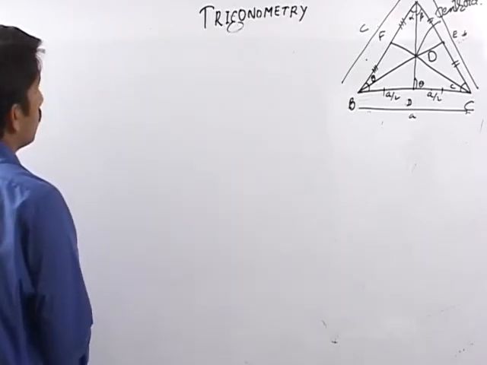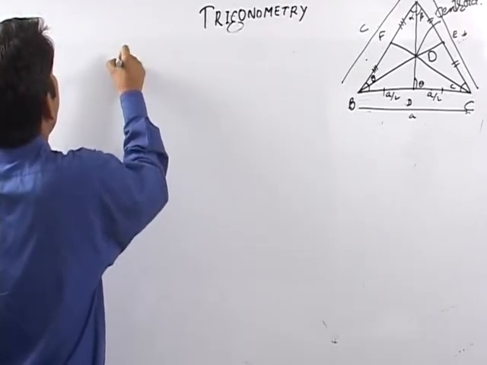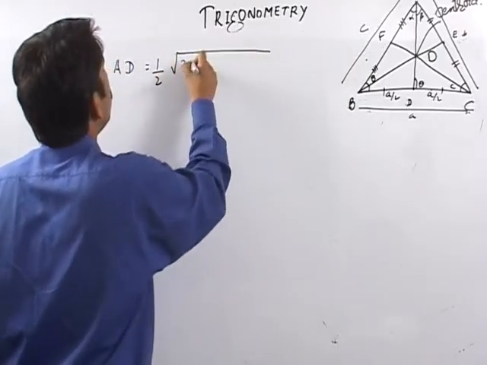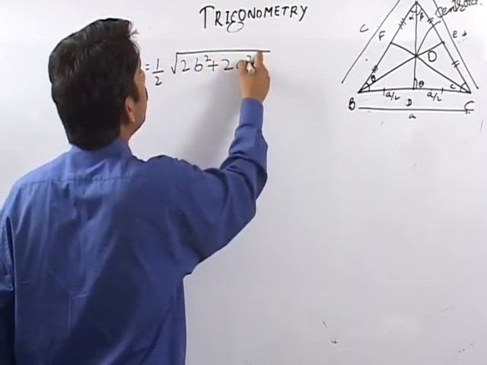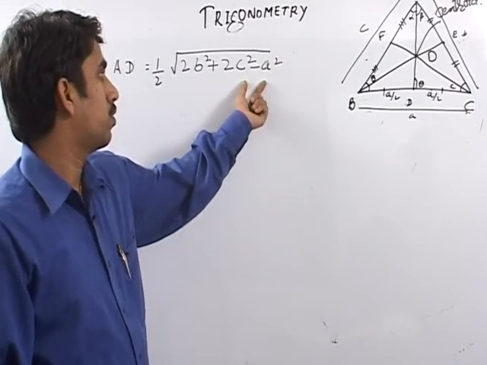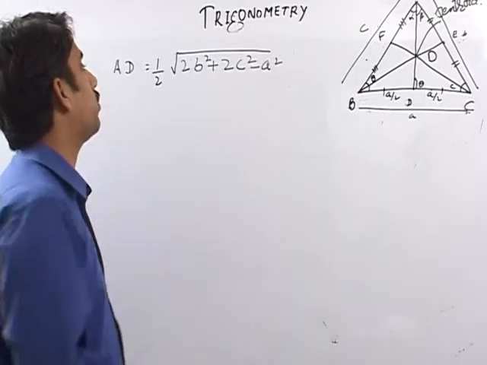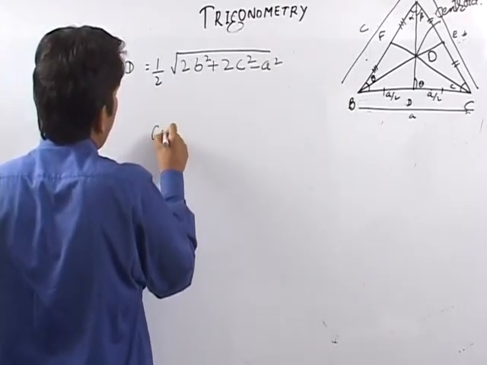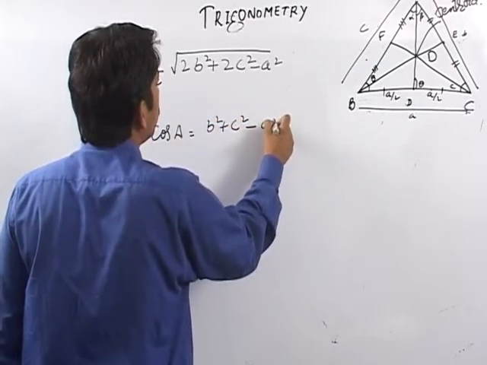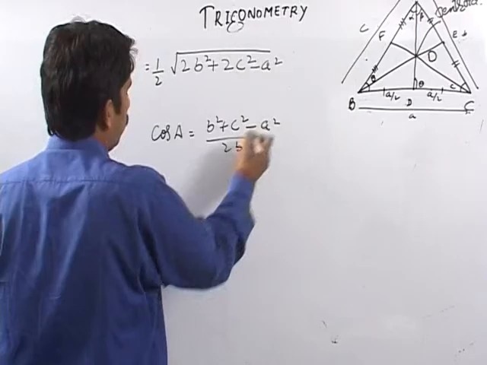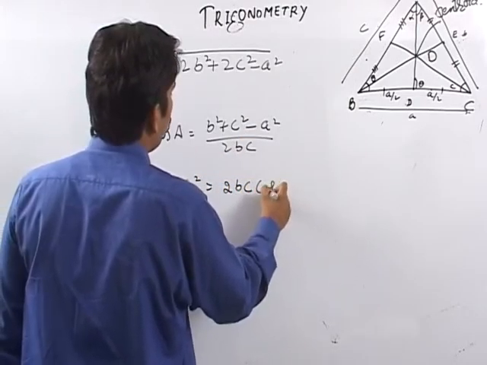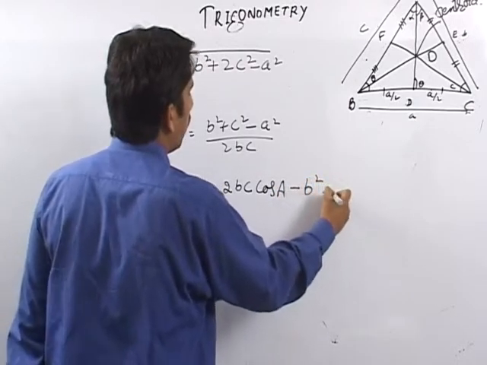Now, AD was 1 by 2 under the root 2B square plus 2C square minus A square. Now if you want to convert it into cos of angle, then again applying cosine formula, cos of A is equal to B square plus C square minus A square over 2BC. So minus A square will be equal to 2BC cos of angle A minus B square minus C square.